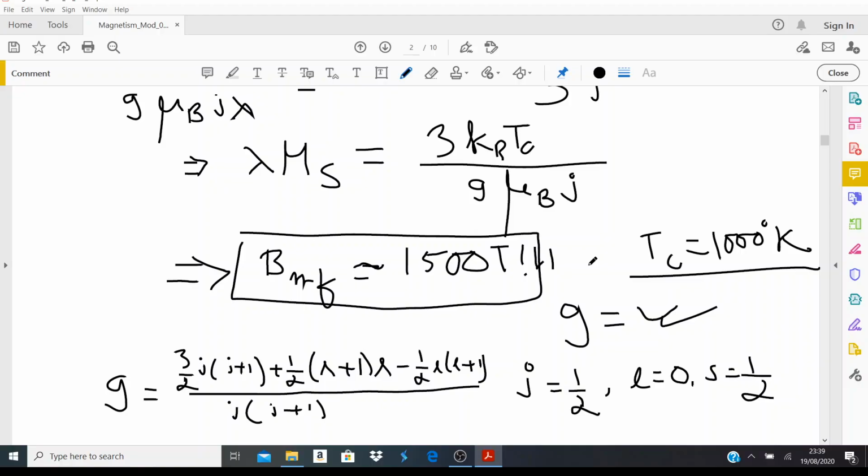So this is another indication that you should understand: the reason why it's really difficult to put any classical picture to understand the ferromagnetic modeling is that this amount of high magnetic field inside the solid cannot be explained using any classical theory.